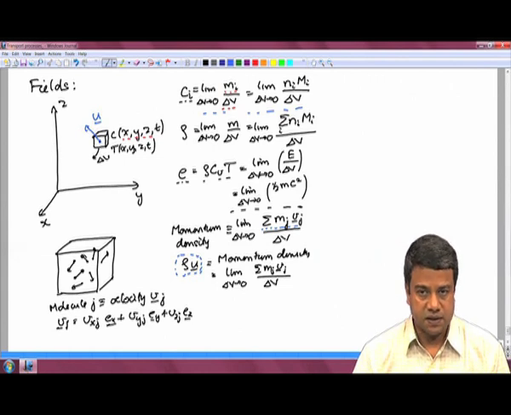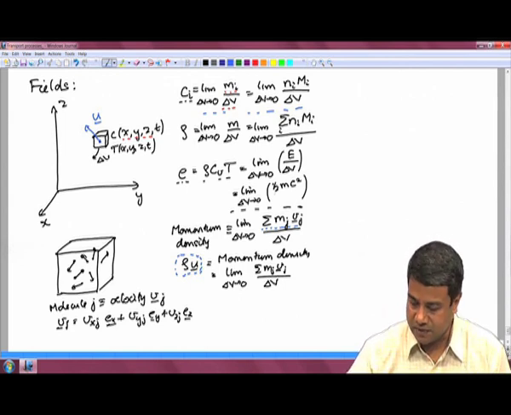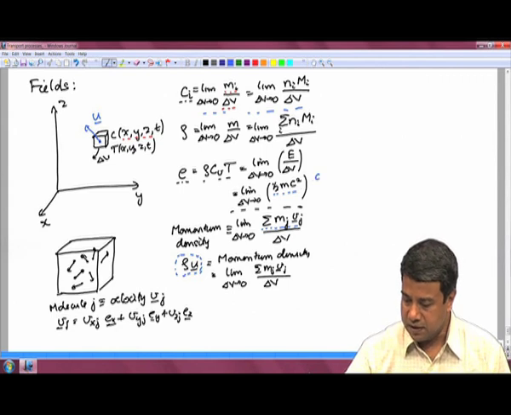Similarly, the energy density is defined through the thermal energy of the molecules. If molecules had only translational degrees of freedom, the thermal energy is equal to half mc square, where c is equal to the difference between the molecular velocity and the fluid mean velocity.